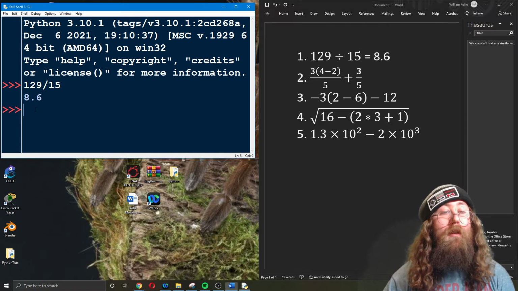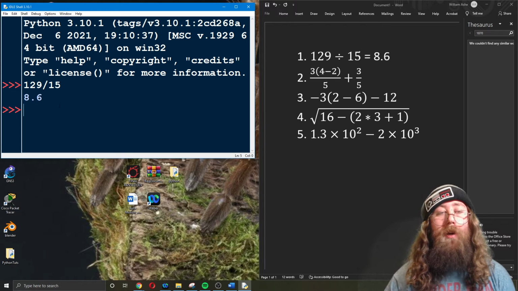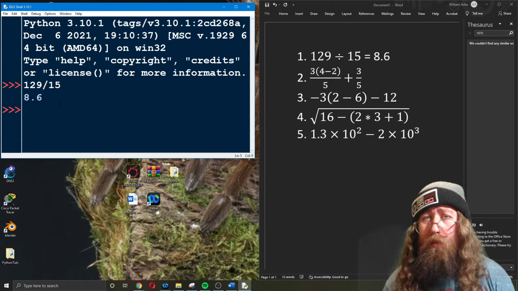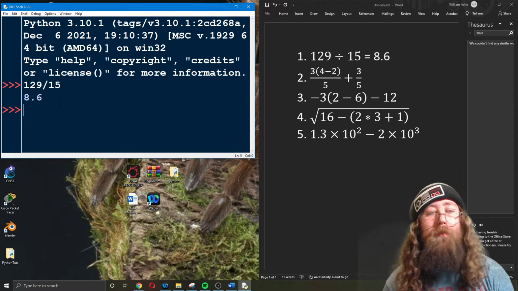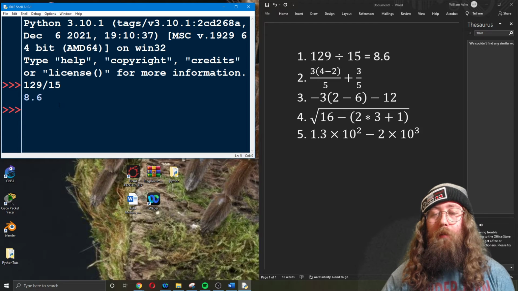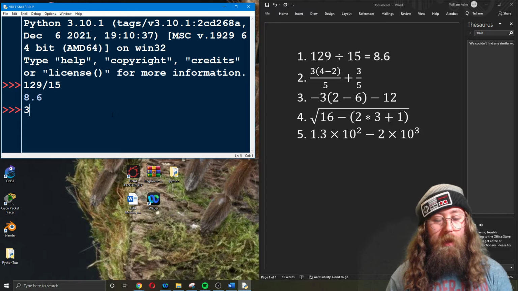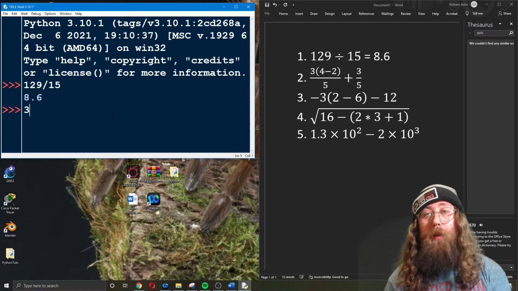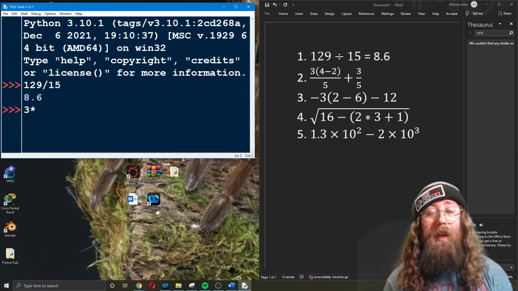Beautiful. Okay, the next example, we have some fractions. Now, Python doesn't have a syntax for us to enter fractions into the command line per se, but we can enter them using division. So I can start with my numerator. I'm going to go 3, and I need to do the implied multiplication explicitly with Python, so I'm going to use the asterisk symbol.